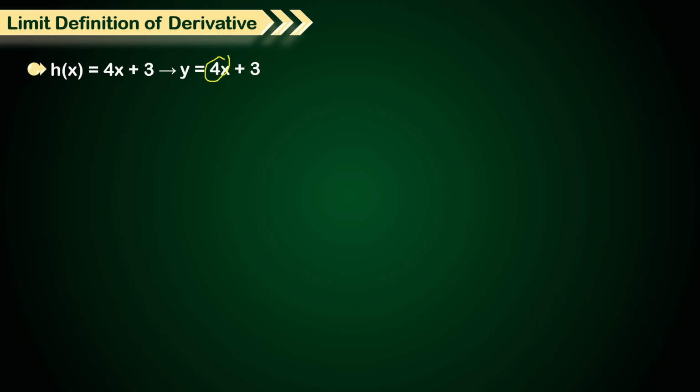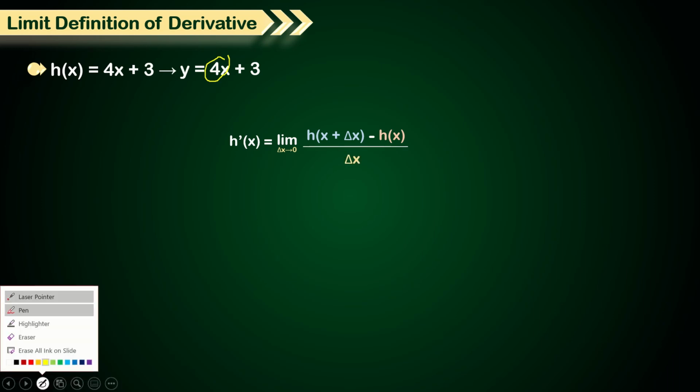Let's find its derivative. h prime of x is equal to the limit of h of x plus delta x minus h of x, all over delta x, as delta x approaches 0.